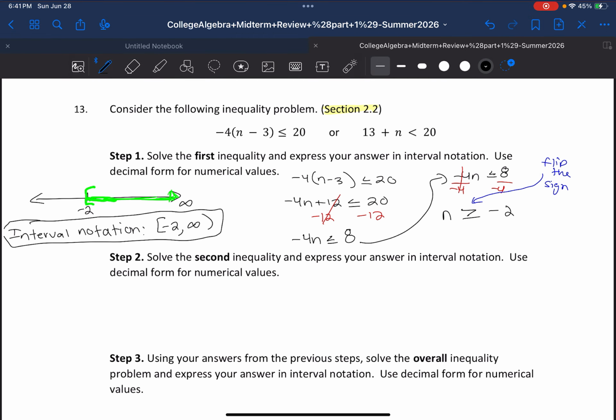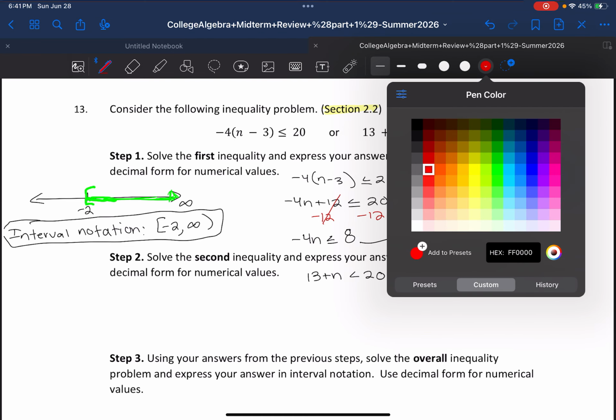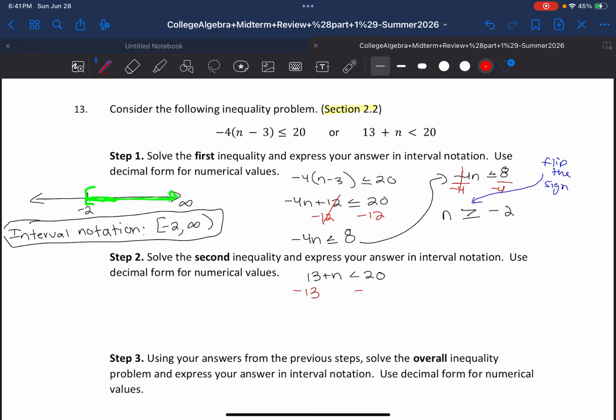Okay, now we're going to do the same thing for the second inequality. So I'm going to subtract 13 from both sides. So n will be less than 7.